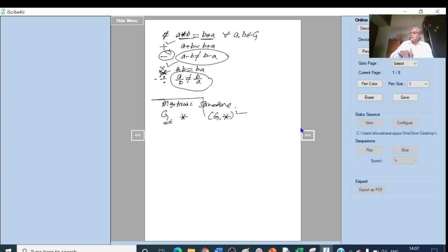That is, one non-empty set together with a binary operation is called an algebraic structure. You can write here Z comma plus is an algebraic structure, Z comma into is an algebraic structure, R comma plus is an algebraic structure, C comma plus is an algebraic structure. This is the definition of the algebraic structure.